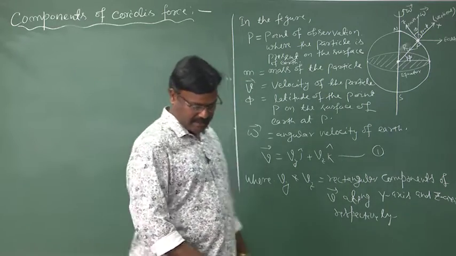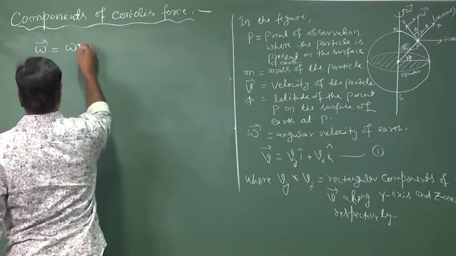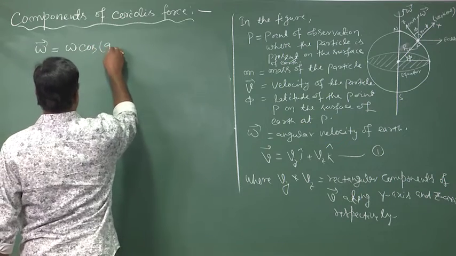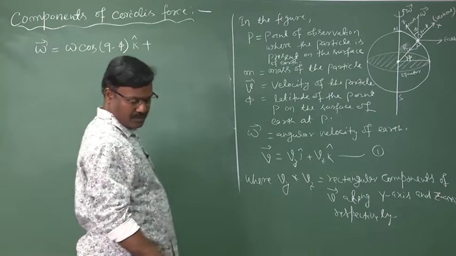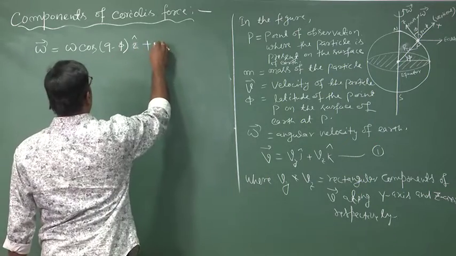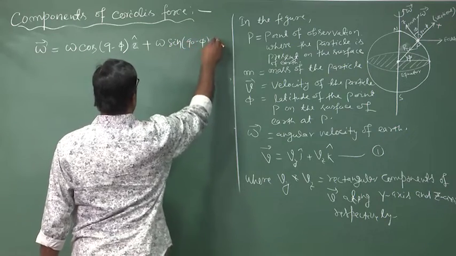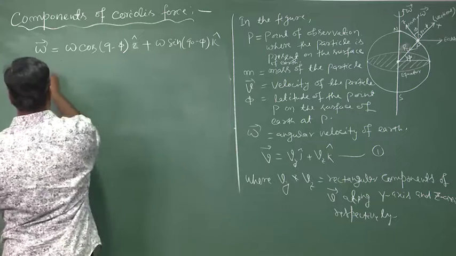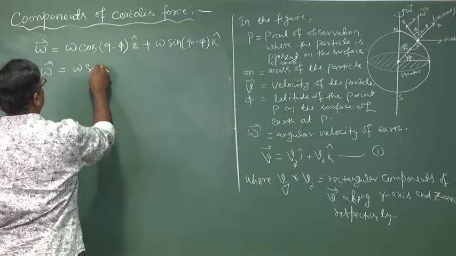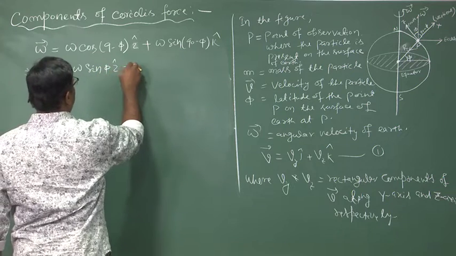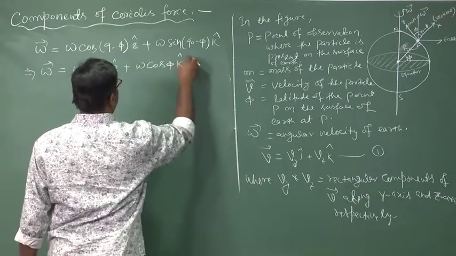We can write omega vector is equal to omega cos of 90 minus phi into k cap plus omega sin of 90 minus phi into k cap, which can be written as omega vector is equal to omega sin phi i cap plus omega cos phi k cap.